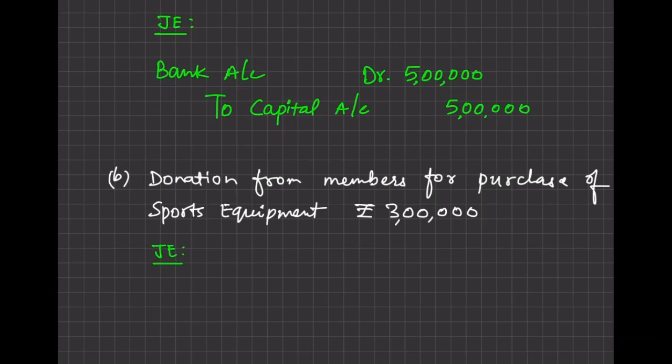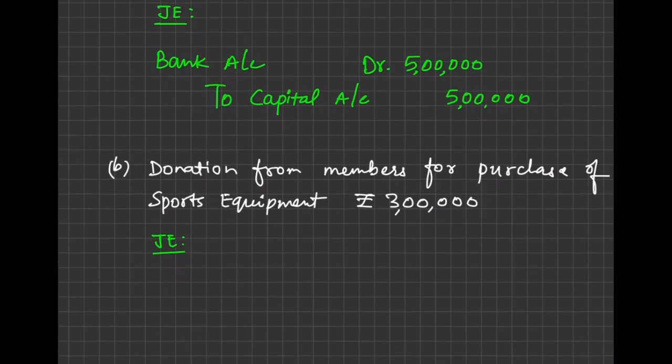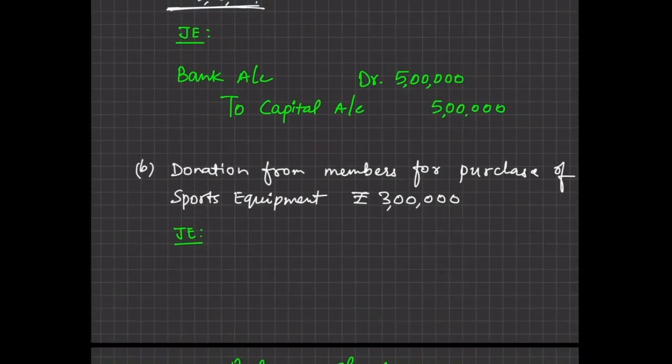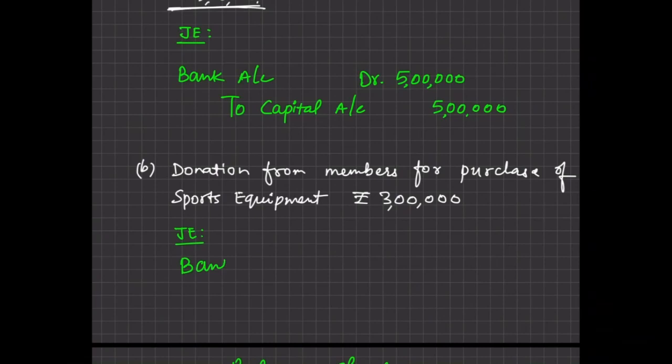It would be more or less similar to the one I did earlier. Bank account debited with 3 lakh rupees. Sir, what will I credit? Now I will create one fund, because this donation is for a specific purpose, that is purchase of sports equipment.